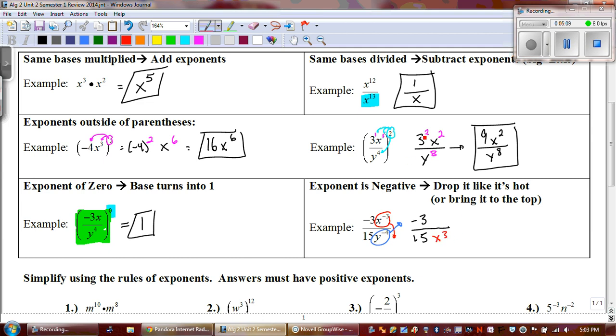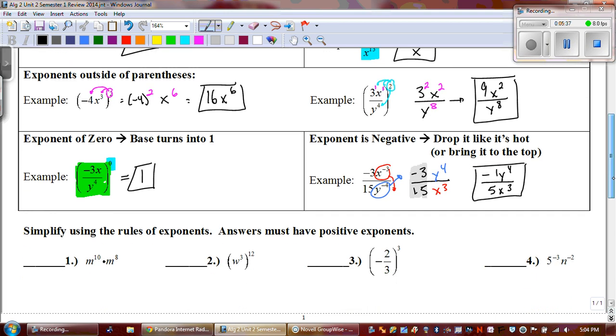X cubed goes to the bottom, and then y to the 4th goes on top. And we always, always, always check to see if we can reduce, okay? 3 over 15 reduces to -1 over 5 because 3 goes into both of those. And then y to the 4th, x cubed.